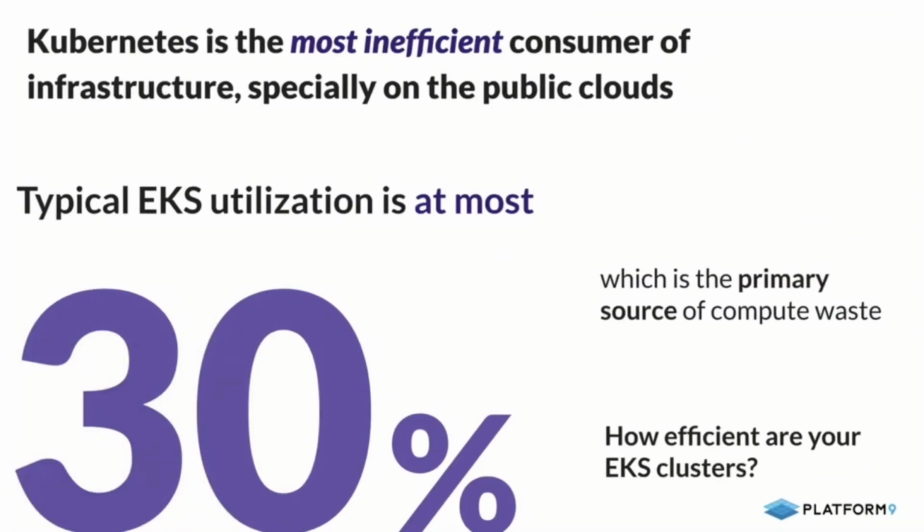But this is our observation based on our own Kubernetes environments, because we run all of our stack behind the scenes on Kubernetes, as well as what we've observed across hundreds of customers running both on public and private clouds: Kubernetes in general is one of the most inefficient consumers of infrastructure capacity. People are surprised because there's an assumption that Kubernetes does a good job at resource consumption. But if you think about it, Kubernetes, yeah, go ahead.